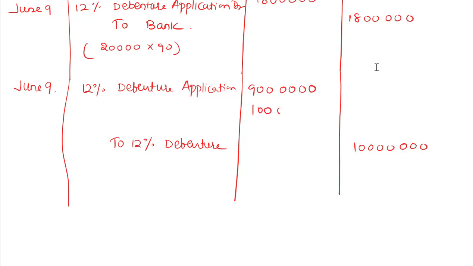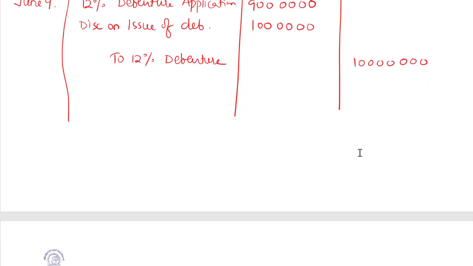Over here it is 90 lakhs, and 10 lakhs is discount on issue of debentures. I believe you understood. You understood till here.